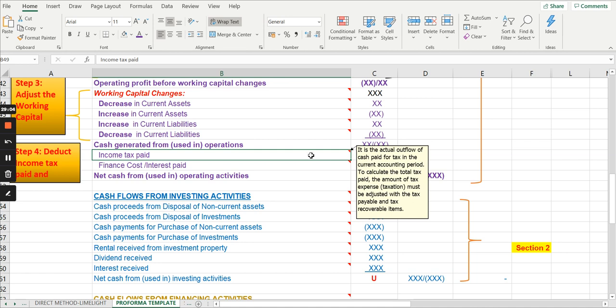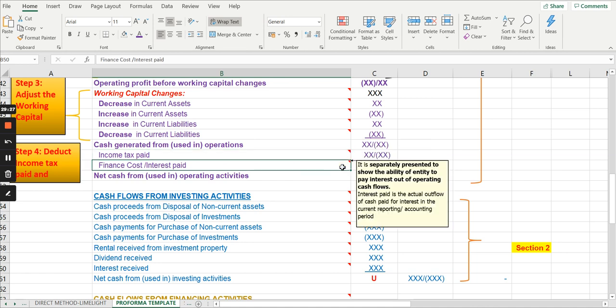So you need to calculate the total tax paid, where the amount of taxation must be adjusted first with the tax payable and tax recoverable items. You can check my video on the direct method where I also show the calculation of income tax paid. The next one is the finance cost or interest paid.